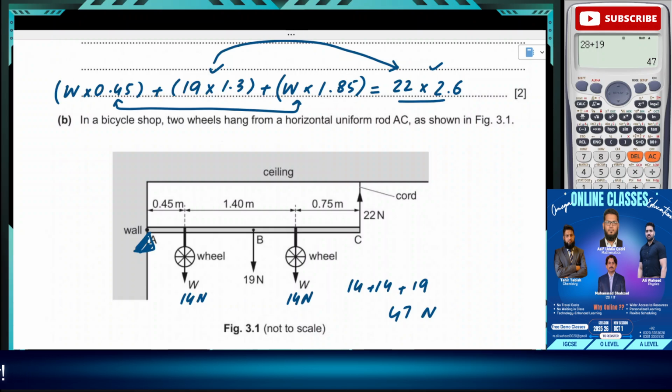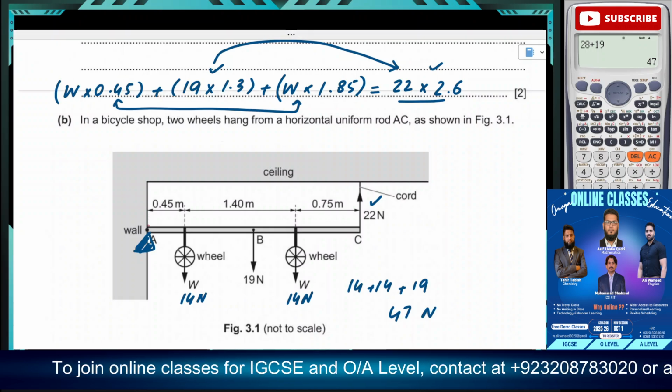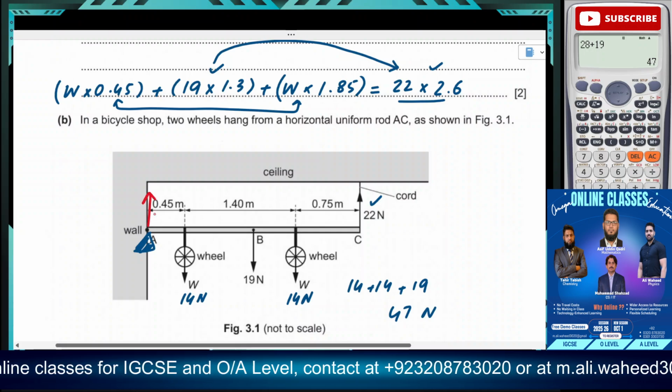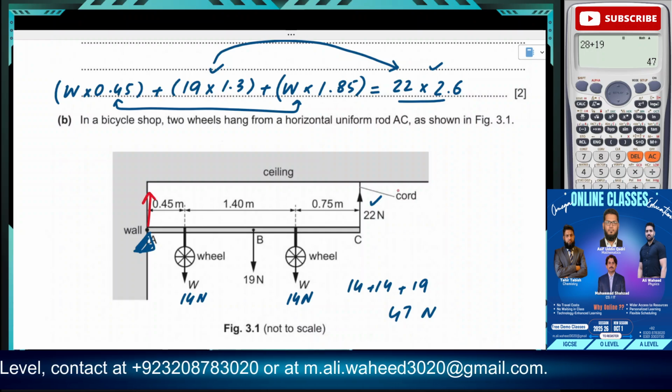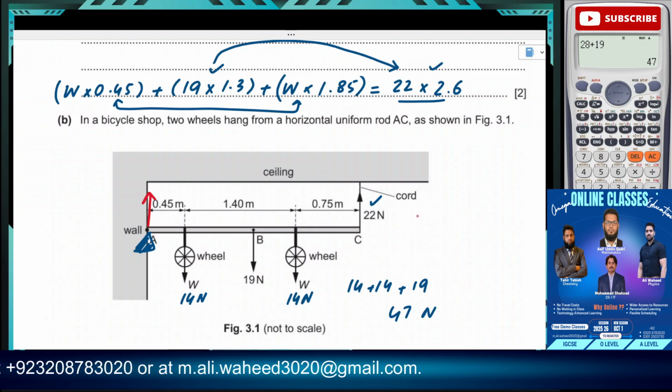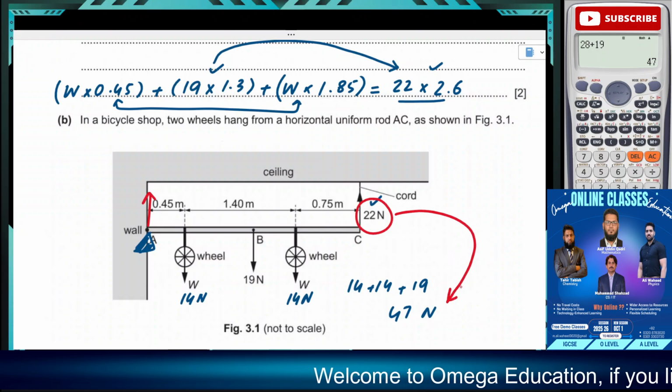What is the total force that is upward? Right now it's only 22. But if the system is in equilibrium, there should be another force that is vertically upward. So that force is there at the pivot A, through the pivot A. How much is that? You can subtract these two, because there has to be a force added to 22 so that the upward force is also 47.